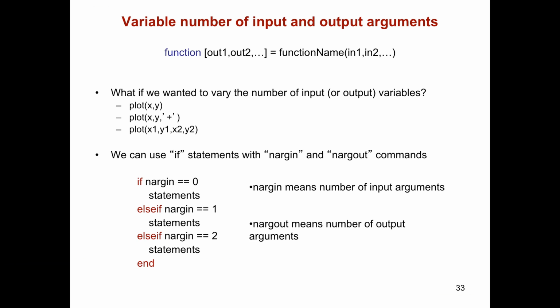In all of these cases, I have a different number of input arguments. And MATLAB actually has that even if you want to program it: there's something called nargin, which is the number of input arguments. So you can program your function to operate differently depending on how many arguments it sees passed to the function.